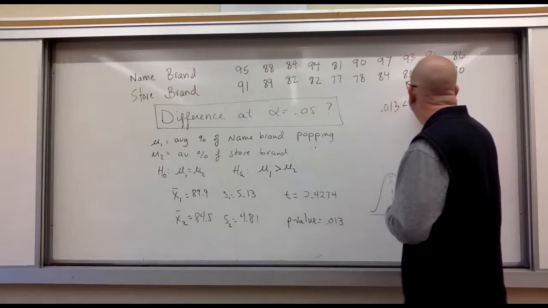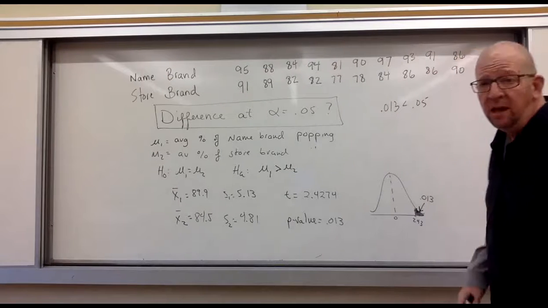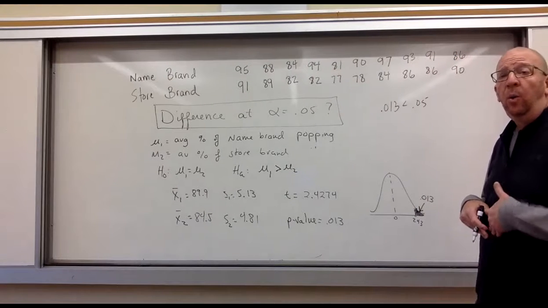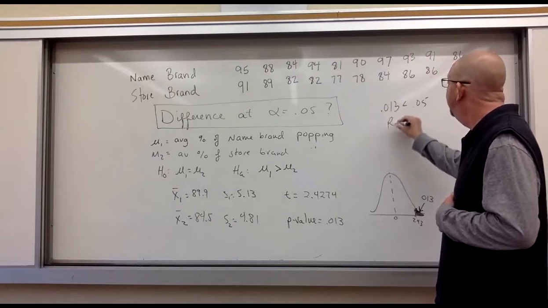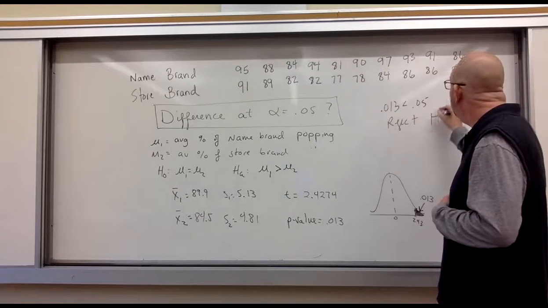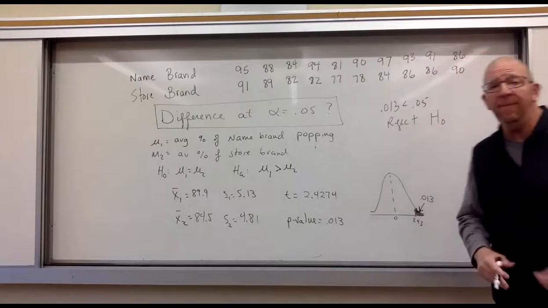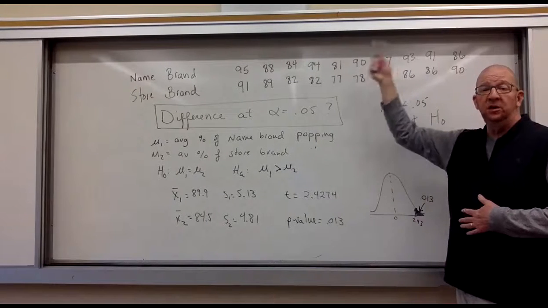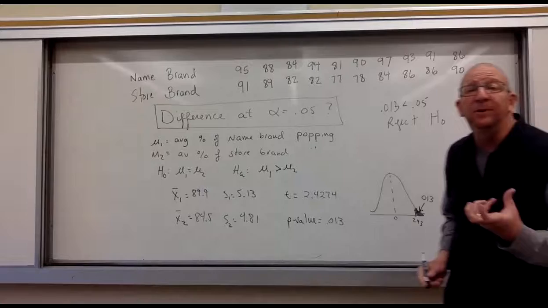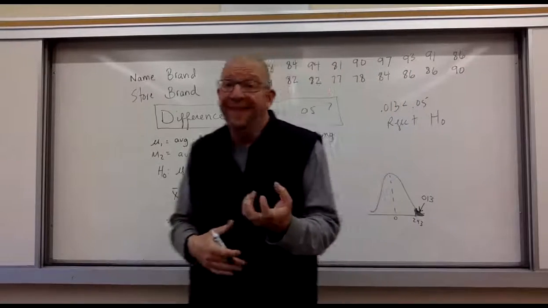0.013 is less than 0.05. We are going to reject the null hypothesis because what's happening here is we're saying if the null hypothesis were true, we would expect these results about 1.3% of the time. And that's low.